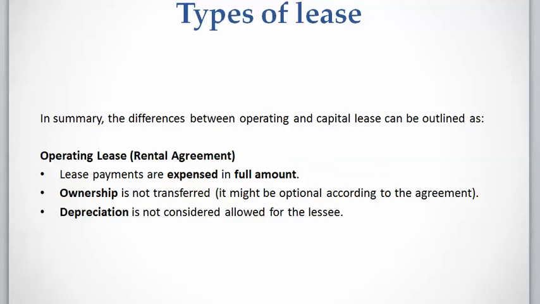So at the end of the lease period, the lessee returns the property to the lessor. Because the ownership is not transferred, the lessee cannot use depreciation for the asset, and salvage is not applicable to the lessee.